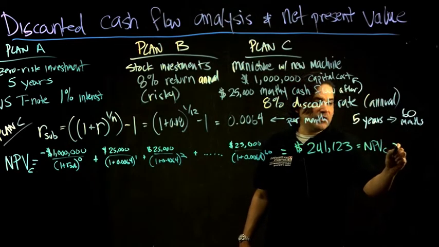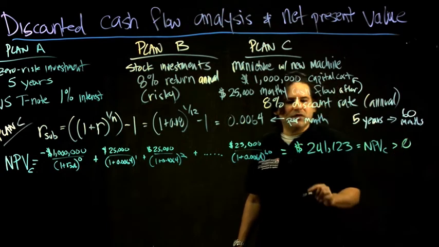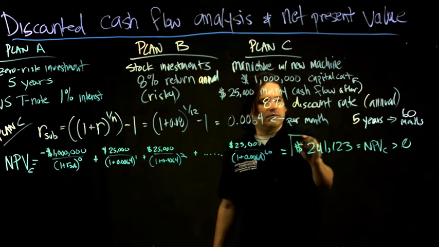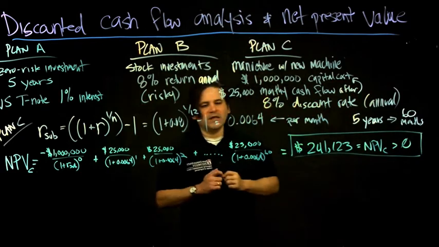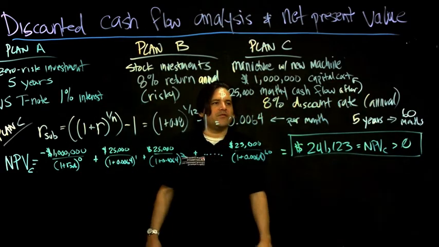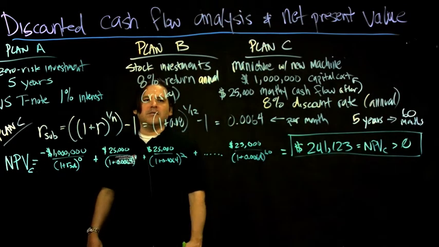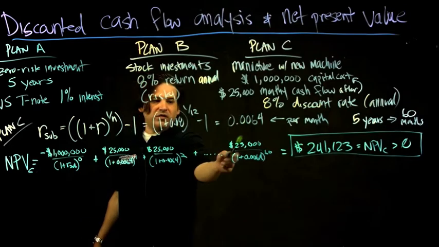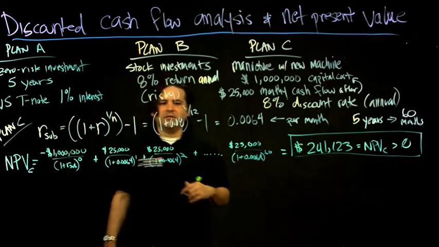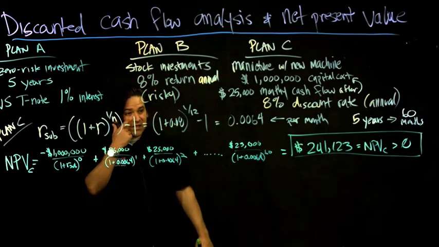So the good thing is it's greater than 0. So that's a viable option. That's one way to say that you're going to be profitable at the end. Of course, it depends on your assumption of the discount rate, and it depends on whether these cash flows really do come in at this value, at this number.